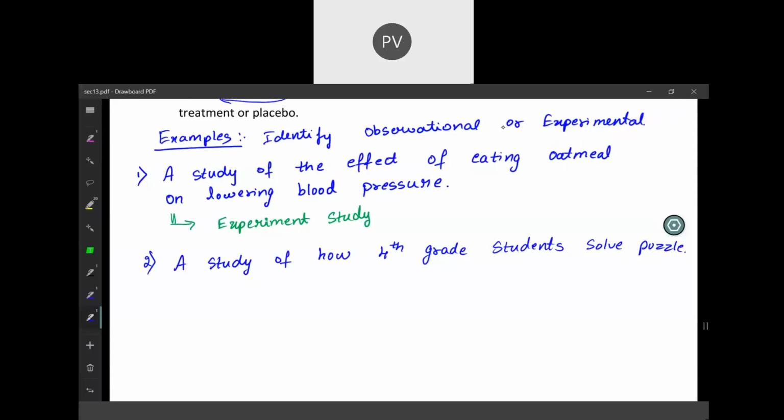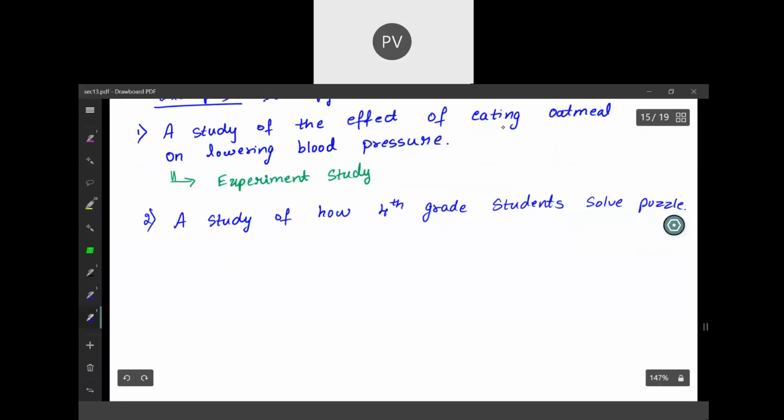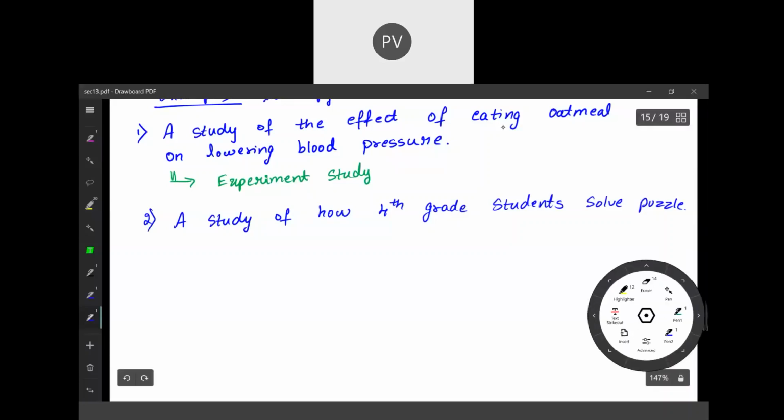No, because the question clearly says that you are studying the behavior of the fourth grade student who is solving the puzzle. So that means you are observing him, right? So that is why this is the observational study.